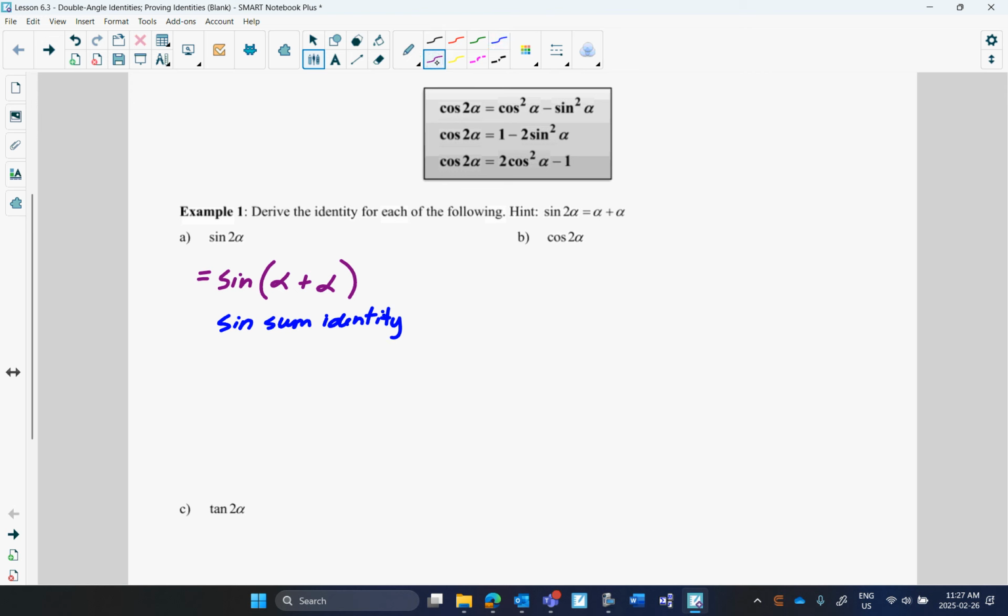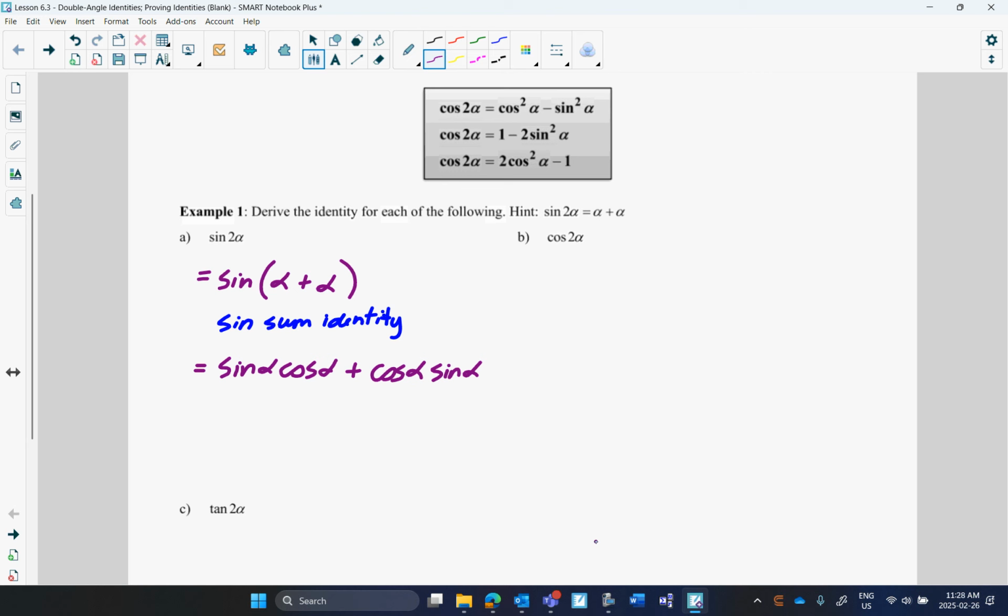So what's the sine sum identity? Remember, you'll get that one. If we take the sine of 2 angles being added together, that is the same as sine of the first times cosine of the second plus cosine of the first times sine of the second. So it's going to be sine of the first, which is alpha, times cosine of the second, which is also alpha, plus cosine of the first, which is alpha, times sine of the second, which is also alpha. Well, these are like terms.